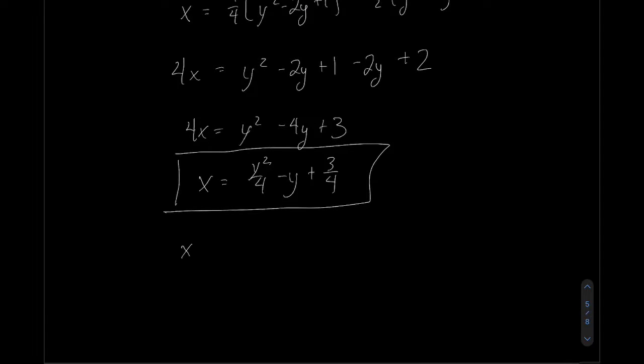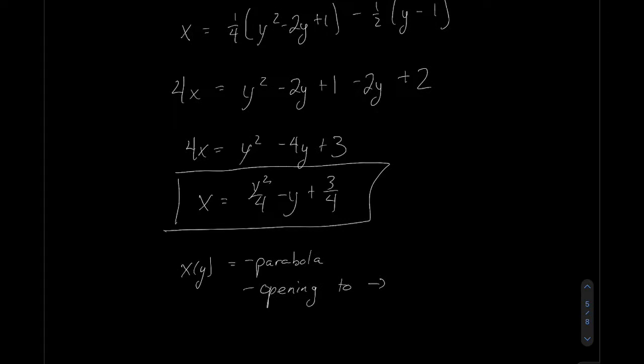Now, looking at our function, we should see that x of y is going to look like a parabola. It should be opening to the right, and for its vertex we would have to complete the square.